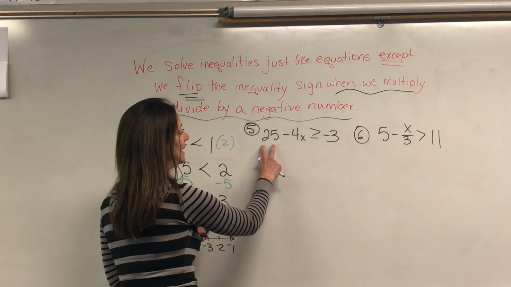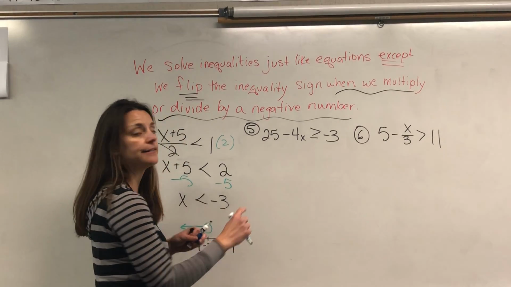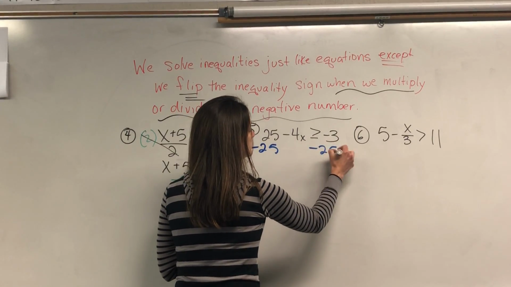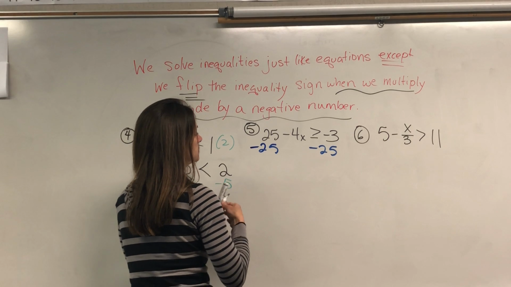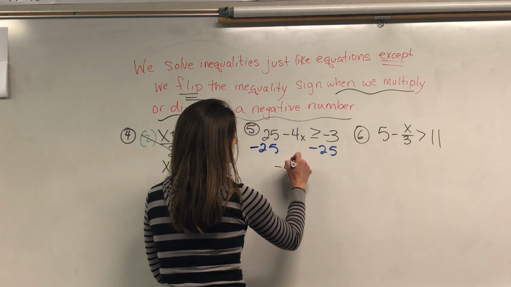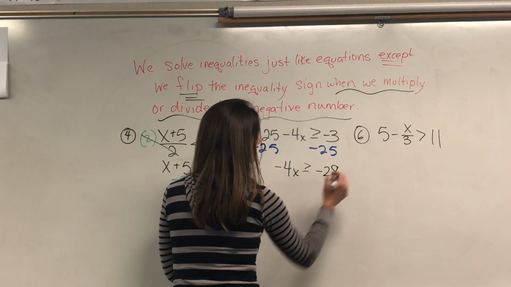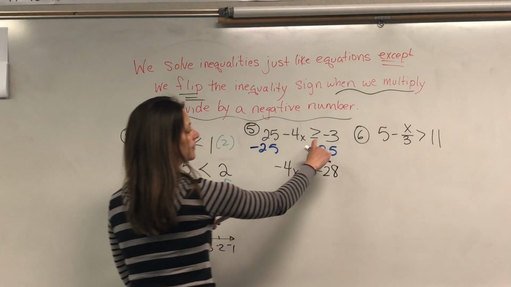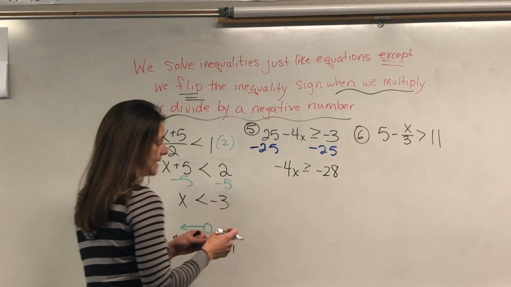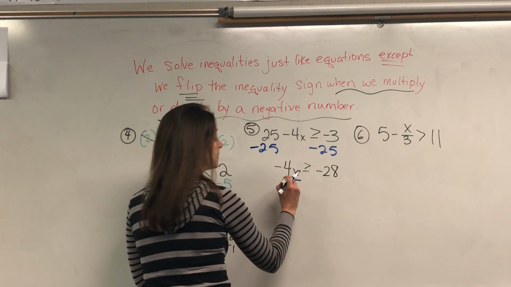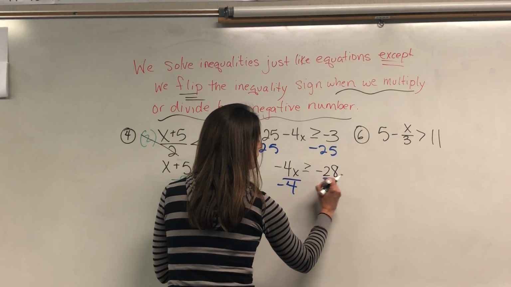I'm going to start by getting rid of this. Again, how do I get rid of a positive 25? Subtract. Okay. Careful, negative 3 minus 25 gives me a negative 28. And now, to undo this, I have to divide by a negative 4.